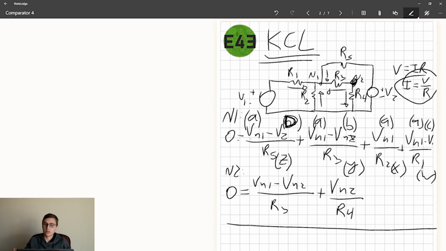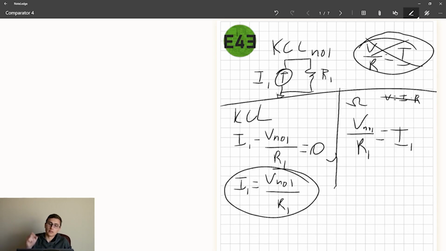Like we just demonstrated, Kirchhoff's current law plays nicer with current sources. If you've got current sources, maybe use KCL. If you like nodal analysis better than mesh analysis, use it. I think you can tend to use either method for any circuit. It's just for some circuits, one approach might be more work than the other.